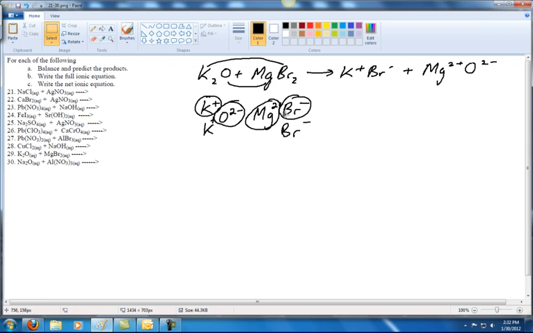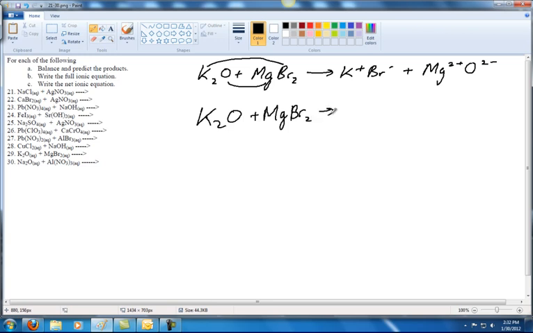And again, we just wanted to take one of each thing over to the other side here. So figuring out how this all goes together, K+ and Br- will form KBr, and Mg2+ and O2- will form MgO.